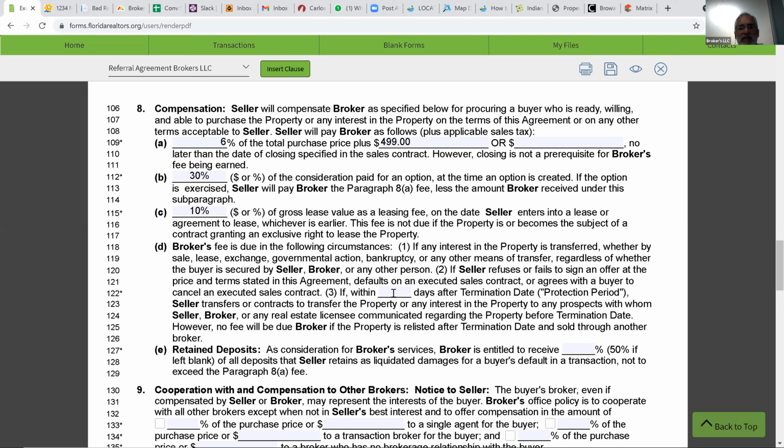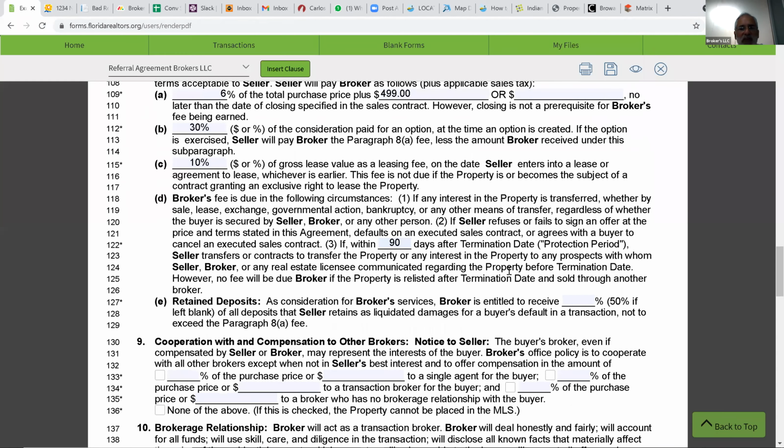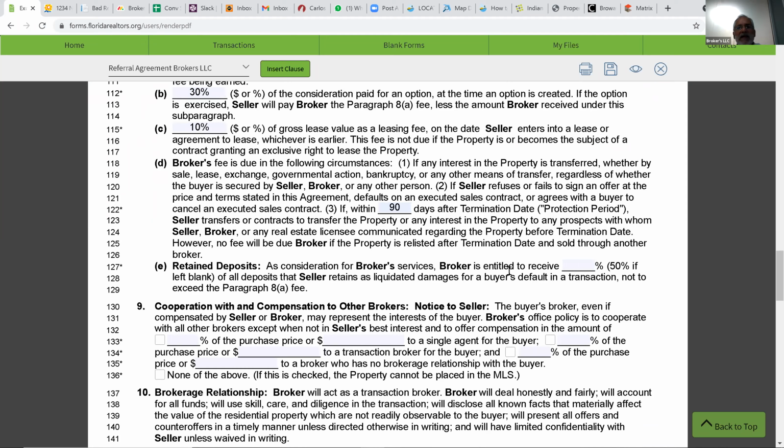And number three is the protection period. What is the protection period? It is the time that will protect this broker for any transfer of the title after the expiration of the listing, okay? I always do 90 days. You can do 30 days, 60 days, 180 days, whatever you want to.